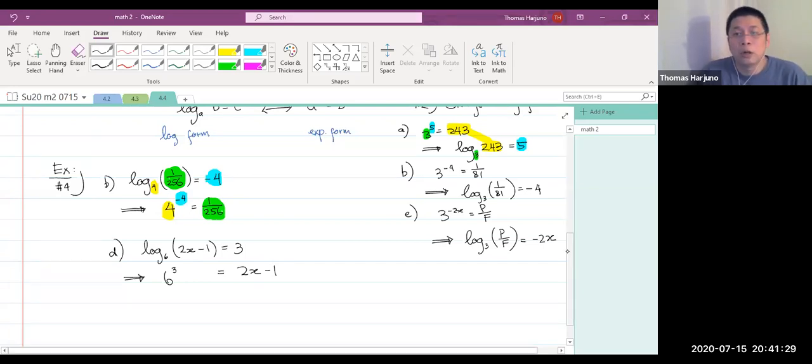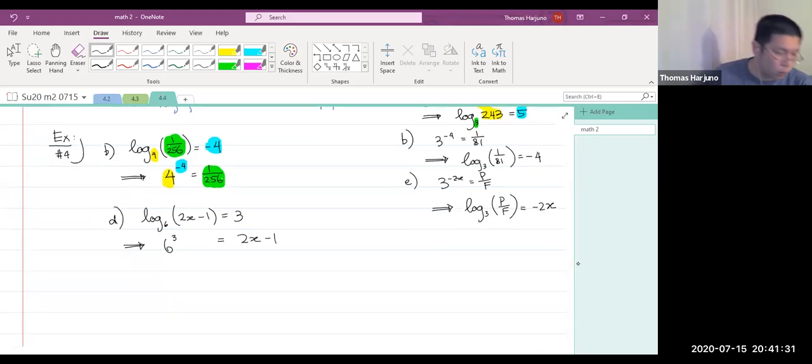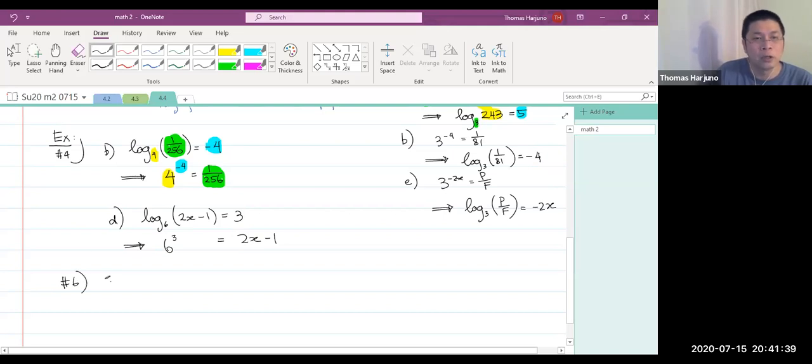Now, with that transformation from log form to exponential form and back, we can do more questions. For example, number 6, solve for t. We have 3a to the 4t equals 10. How do we solve for t?